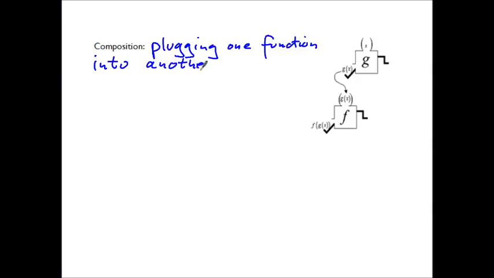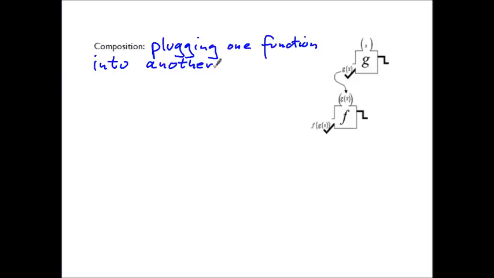So first of all, what is a composition? For me, the best way to think about it is we are plugging one function into another. Plugging one function into another function.